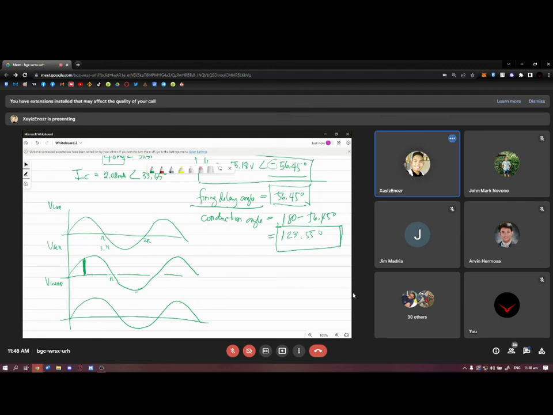Let's say, andyan siya. Sabihin, okay, ang graph sa SCR natin is ito. Tapos, ganito ulit. So, yan yung graph niya.